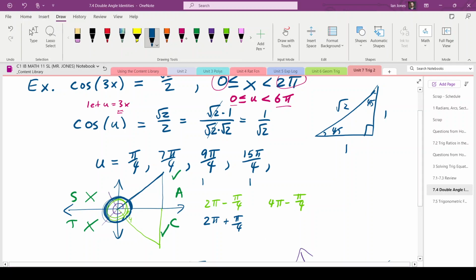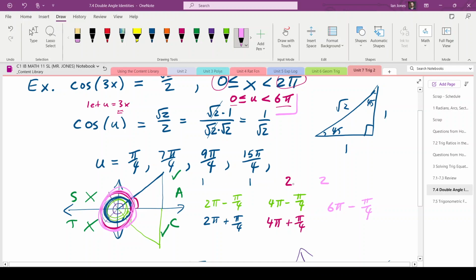So we'll have next 2 circles, 2 pi, 4 pi, plus pi over 4. That comes in here. And the very last one will be 2 pi, 4 pi, 6 pi minus pi over 4. And there's no more after that because our limit really is 6 pi.